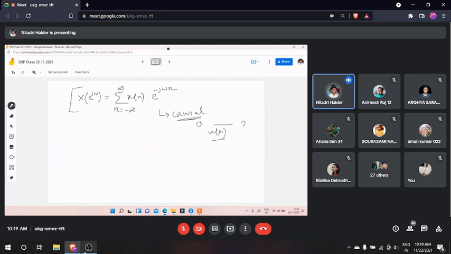if you want to represent that sequence in a finite range, what you need to do? First of all, you need to bound that frequency. How? That I am showing you. Suppose you are considering a periodic signal that is repeating after a period of 2π.